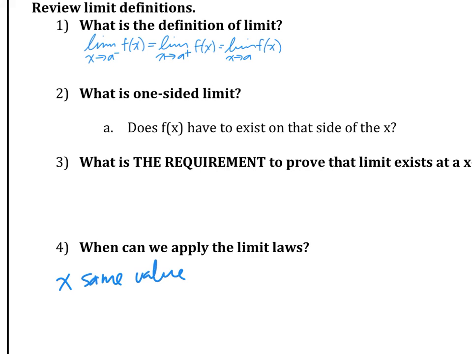So when one goes to infinity, the other one goes to a number, we can apply the limit laws. The other ones also apply too. But basically, both sides have two limits. If you were trying to use the limit laws, then they have to actually exist, whether you're adding two limits together and there are two numbers, or one of them is infinity.